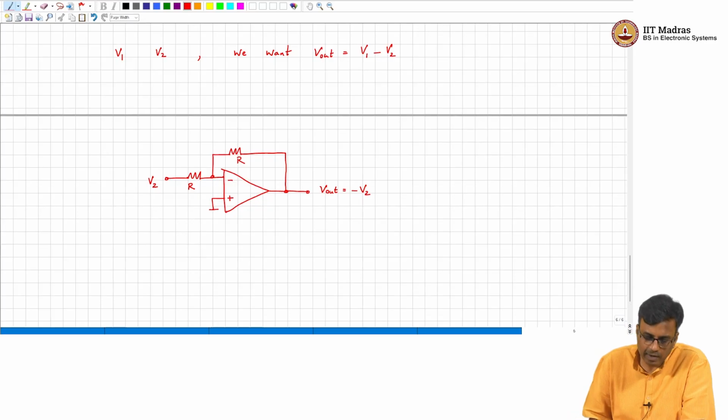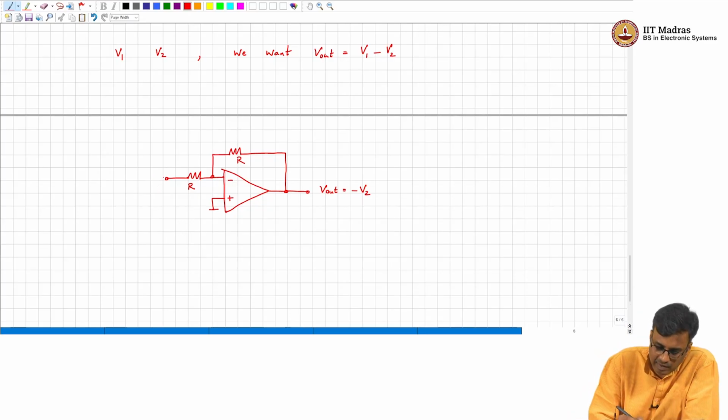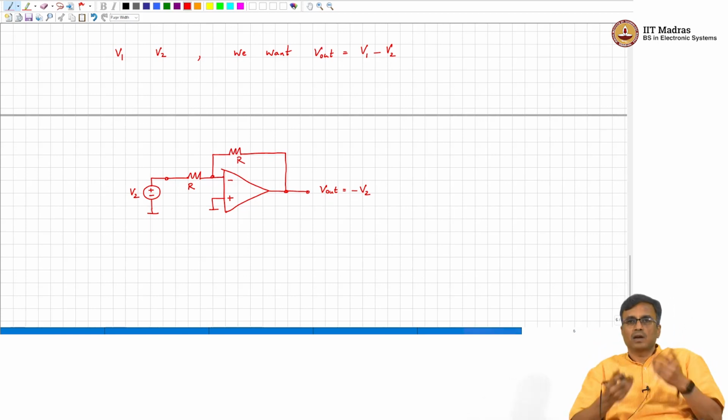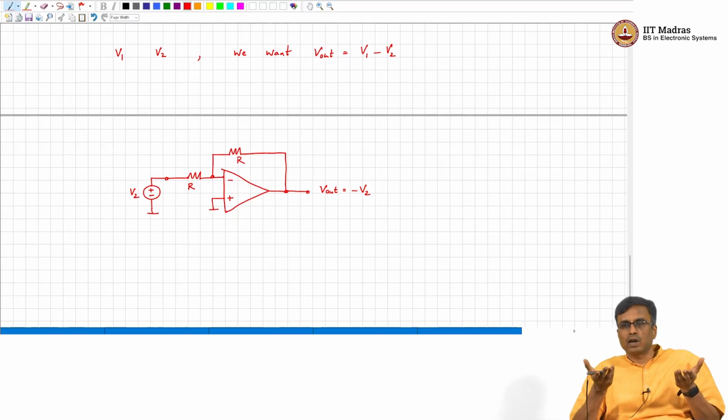Okay. So, one idea is, remember that if we had a voltage source like this for V2, to add V1, to push all voltages up by V1, what do you think we can do?